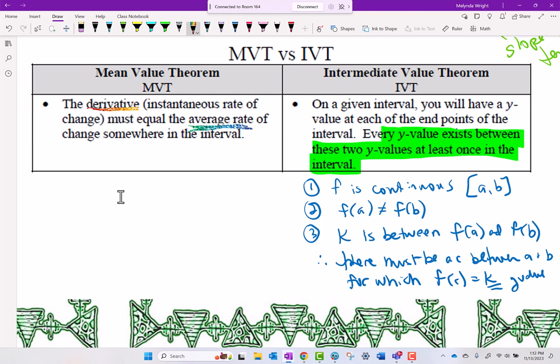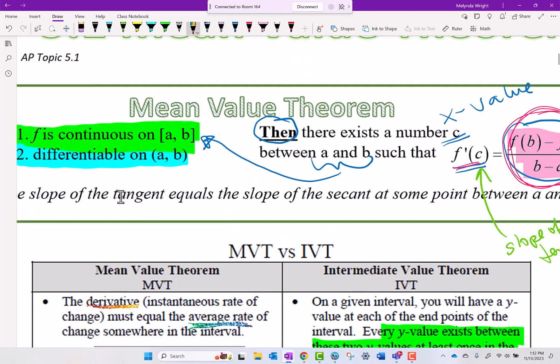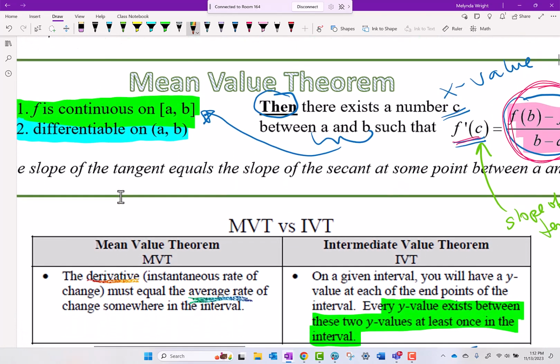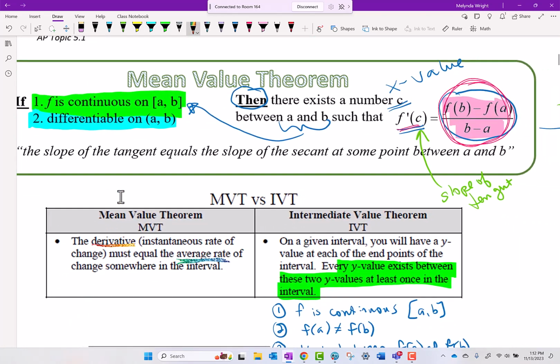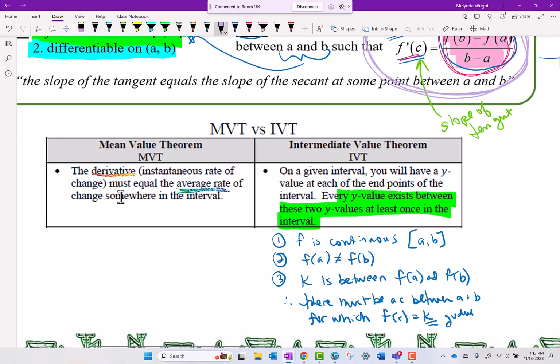And we just went through those criteria for MVT: it's continuous on the closed interval, differentiable in the open. Then this will be true: f prime of c is going to be equal to f of b minus f of a over b minus a. Okay, so that's the difference.